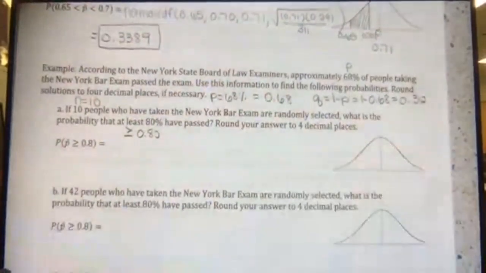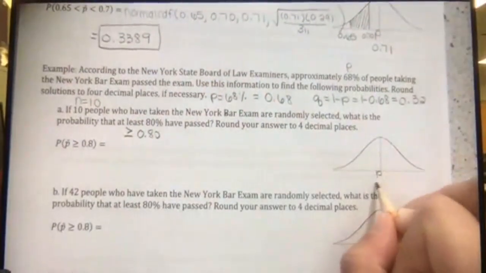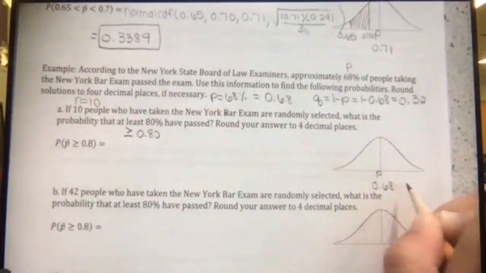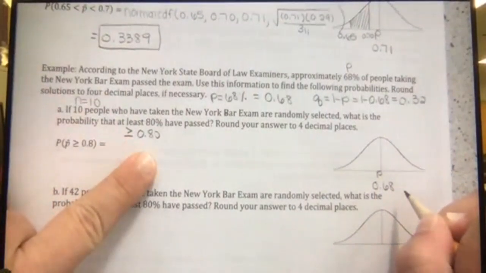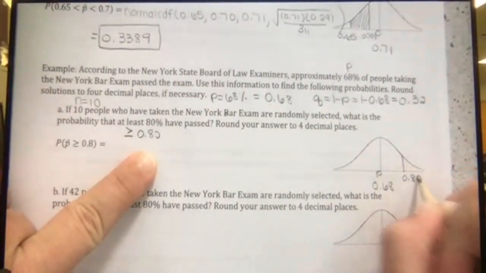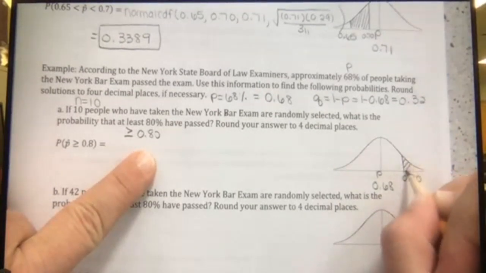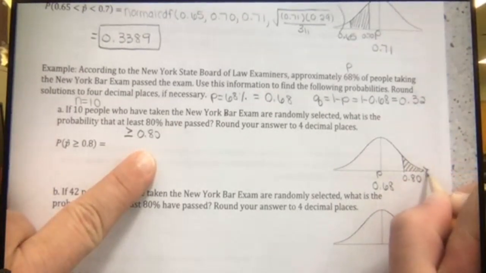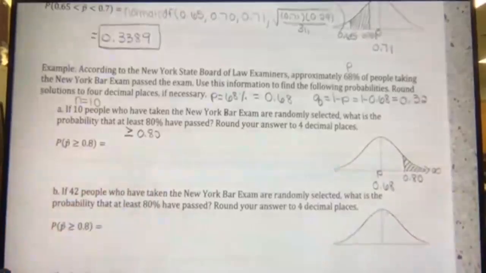Round your answer to 4 decimal places. Same thing. So we have our p-value in the middle, which is 0.68. We're looking for our p-hat value of 0.80, so it's somewhere to the right. And we're saying at least, so greater than or equal to, so everything to the right is shaded, going on forever towards positive infinity.